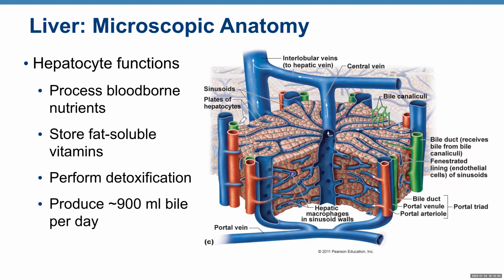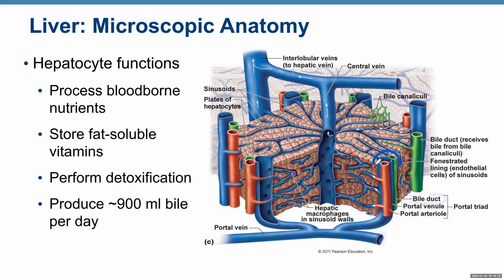So here we see one liver lobule made of cells. All the cells are hepatocytes. Now on each corner of this lobule, you will have what is called a portal triad that is made of a portal venule, portal arteriole, and a bile duct.